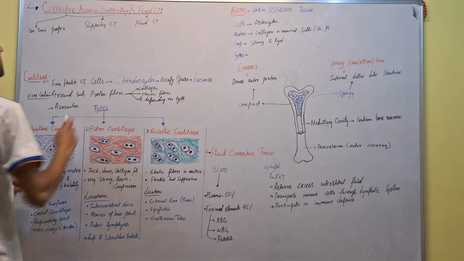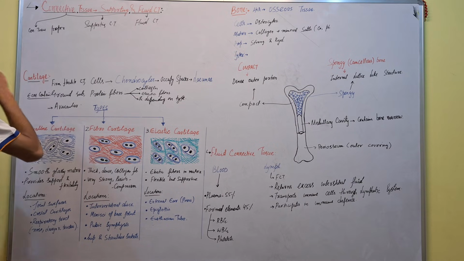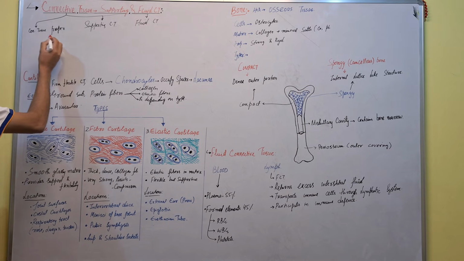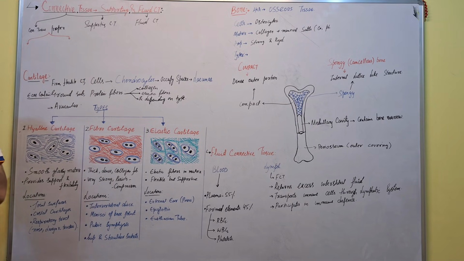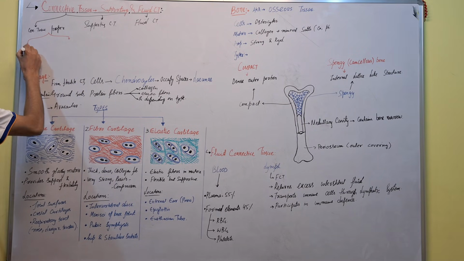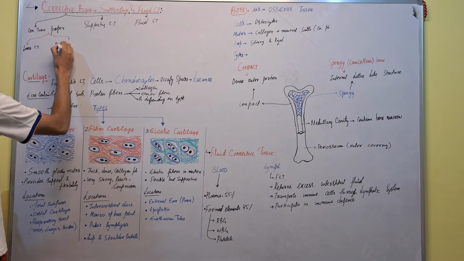These are the main three types of connective tissue. In connective tissue proper, we have further two types, that is loose connective tissue and dense connective tissue.